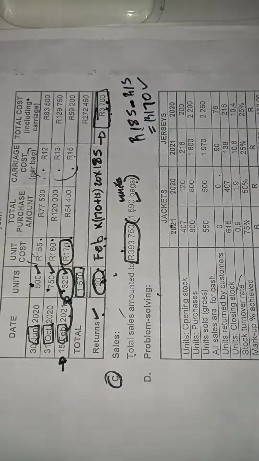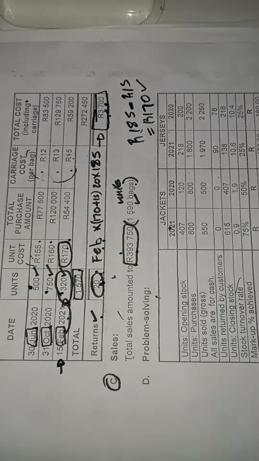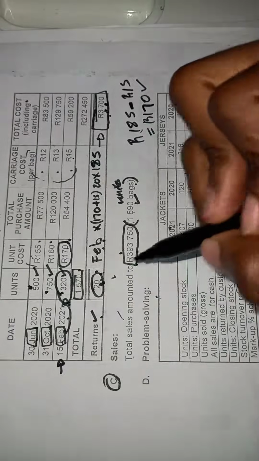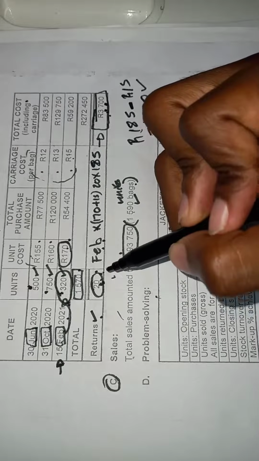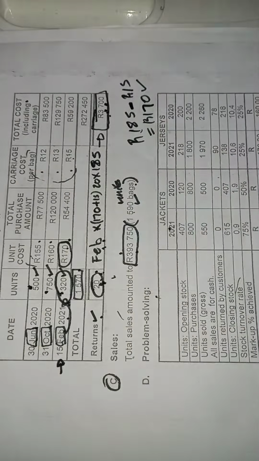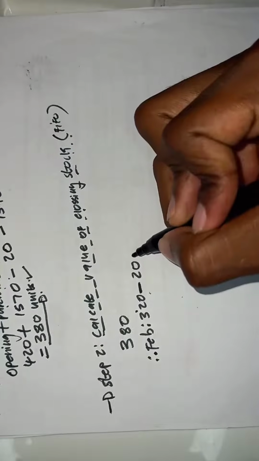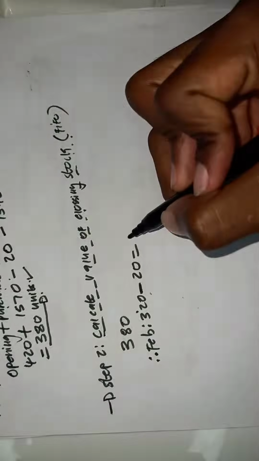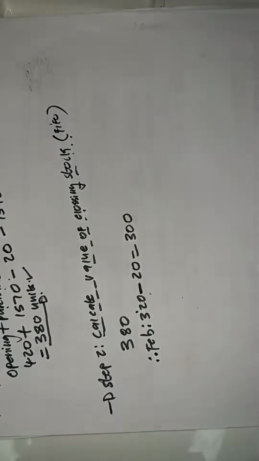In this activity, they did not tell us where they belong. In some other activities, they will tell us. Now we found out on our own that these 20 units belong in February. So if they belong in February, we minus them on February. So we're going to say 320 minus 20. So in February, we're left with 300 units.